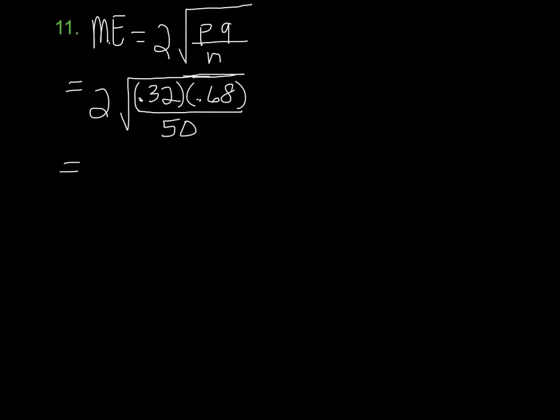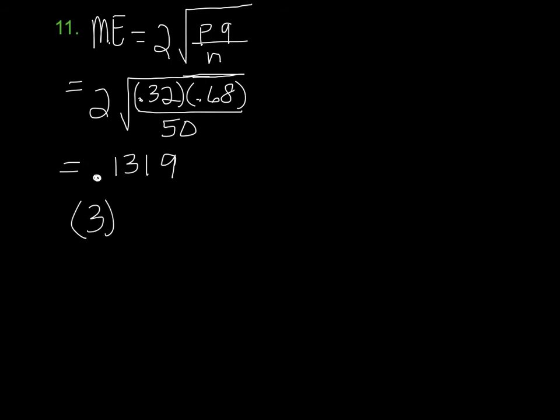So we're just going to throw that into our calculator: 0.32 times 0.68, divide it by 50, take the square root of that, and multiply it by 2. When you do that, you're going to get 0.1319, and rounded to the nearest thousandth, that's 0.132, which is choice 3.